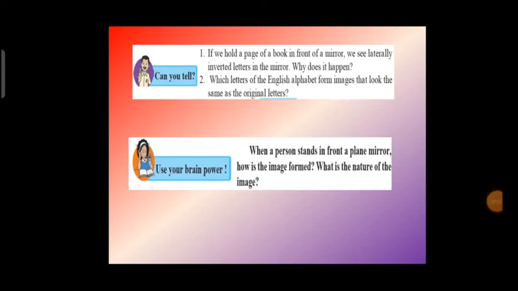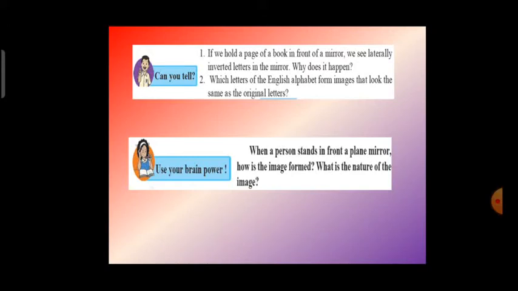If we hold a page of a book in front of a mirror, we see laterally inverted letters in the mirror. Why does this happen? When light rays traveling from the letters fall on the mirror, they get reflected.